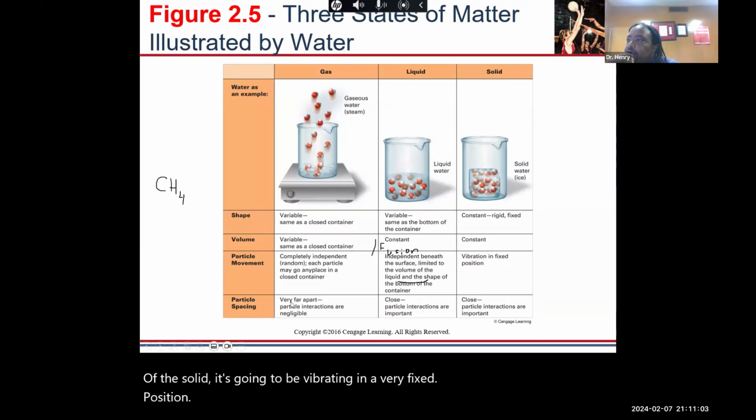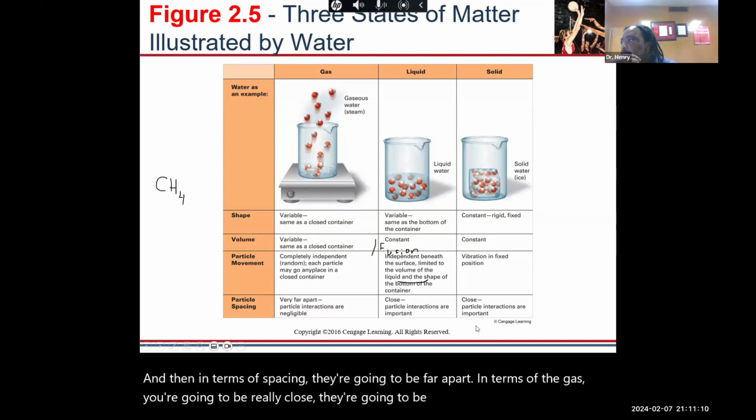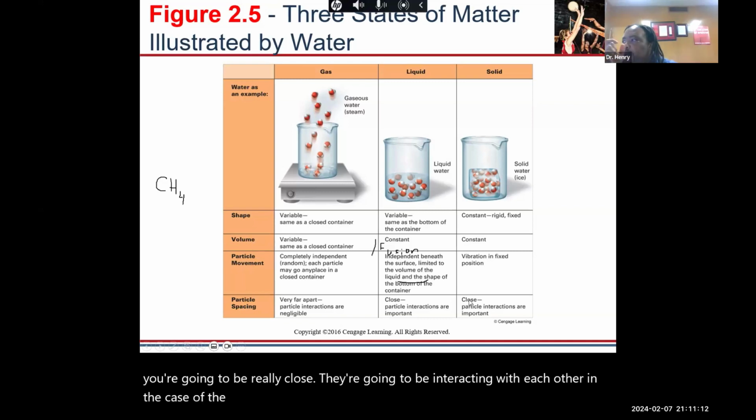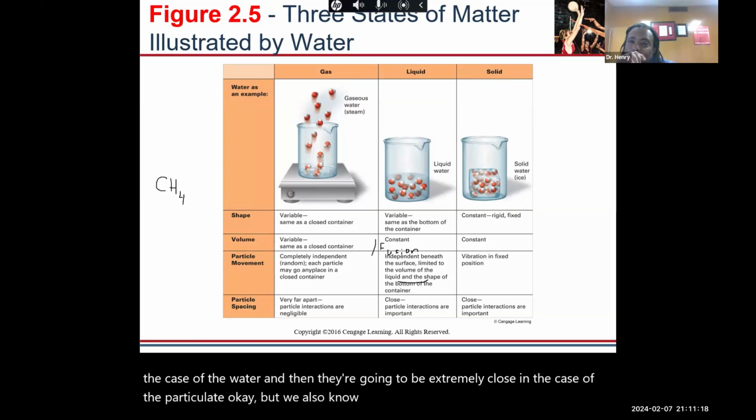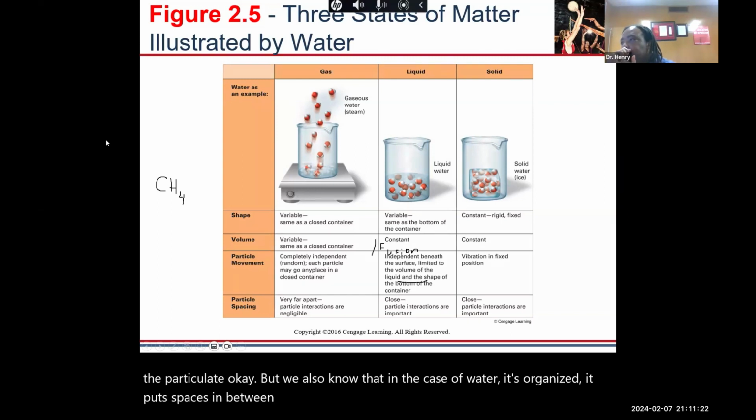And then in terms of spacing, in the gas they're going to be far apart. In the liquid, they're going to be really close, interacting with each other. And then they're going to be extremely close in the case of the solid. Okay. But we also know that in the case of water, it's organized. It puts spaces in between, which allows the ice to float.